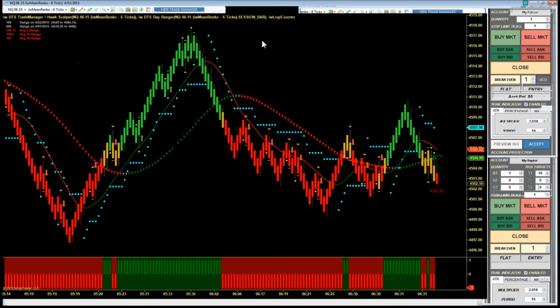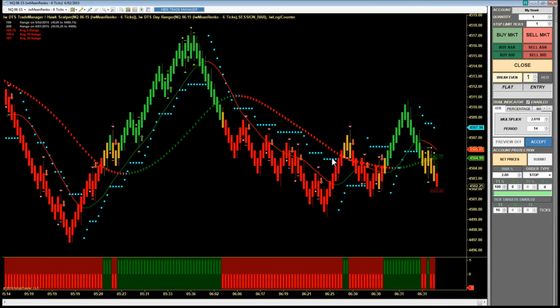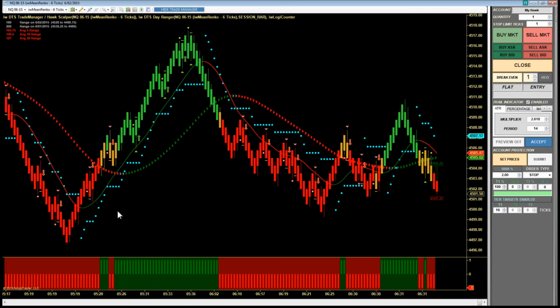You can see here on the Hawk, we're getting a lot of yellow bar clusters.